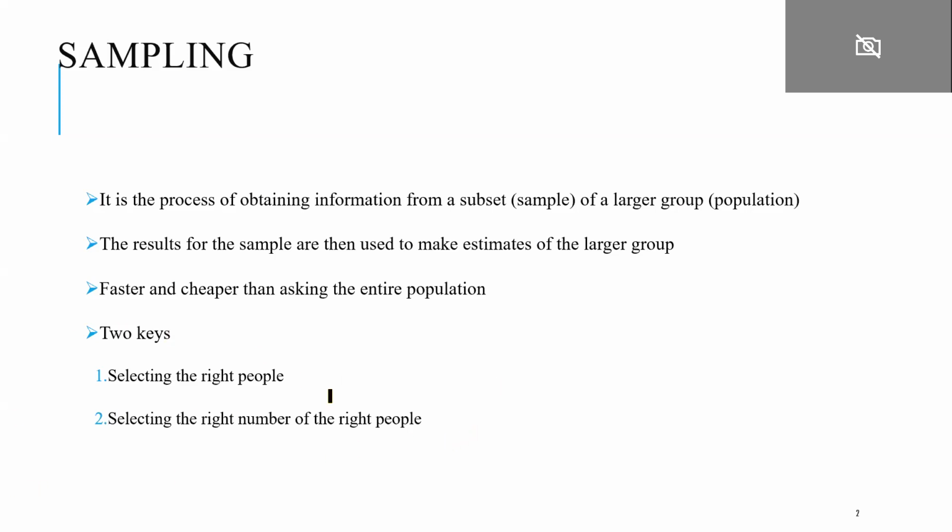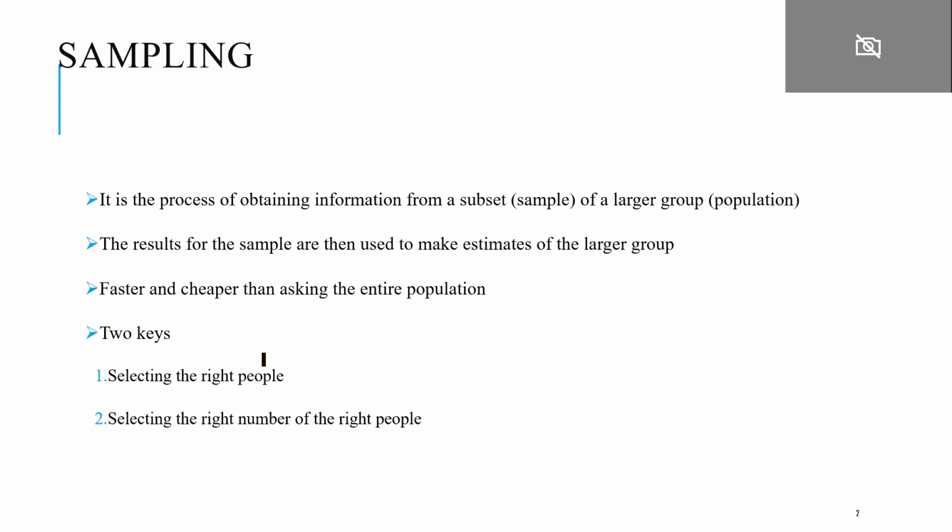As per the objective of your research, it is very important to select the right respondents, or the right people. Suppose you want to conduct a study on children or adolescents.